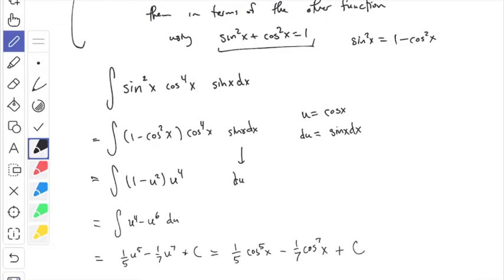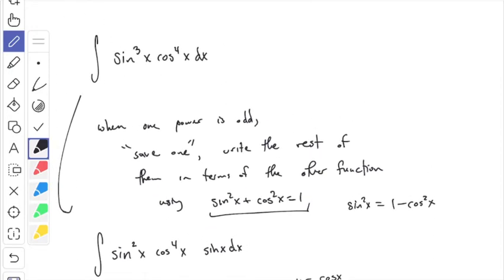Yeah. Professor, theoretically, because these two are products, could you do integration by parts on that? You could. You mean from the original, from the very beginning? Sine cubed times cosine to the 4th. Could you use sine as your u and cosine as your dv in that?